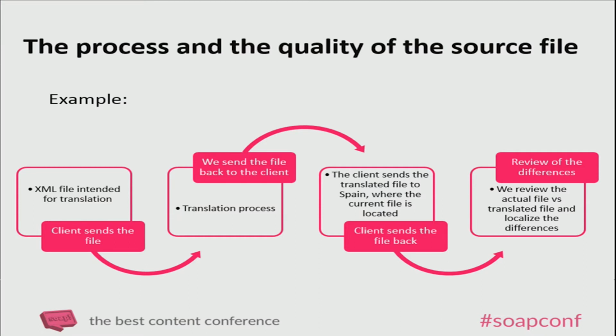So the process always ends in the middle. But then the client has a newer version in Spain. So he sends our translation to Spain. Spain sends us their new version, and we have to review the differences, translate and localize them. So the second part of the process could easily be avoided if there was order in the documentation of the company.